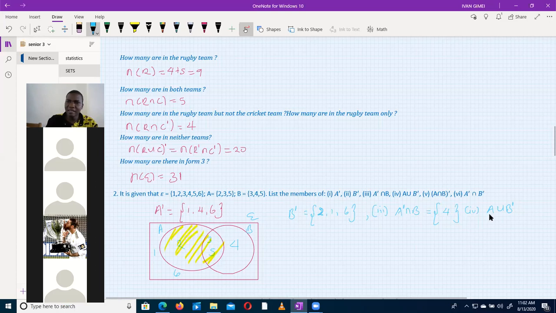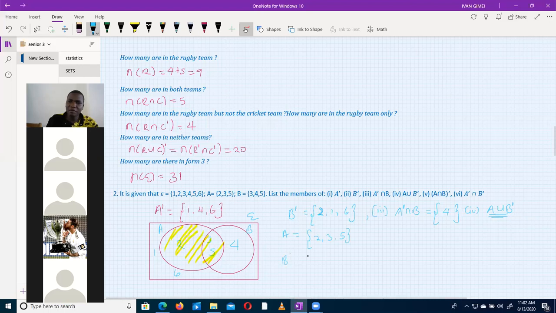Now, in this case, if you want to know elements of A union B complement, remember 2. What are the elements of set A? A has 2, 3, 5. What are the elements of B complement?